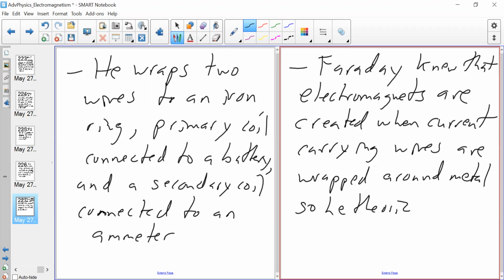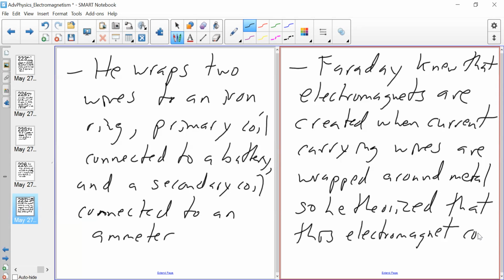So he theorized, what if, or he hypothesized, AKA, so he hypothesized that this electromagnet could induce or create a current in the remaining wire.